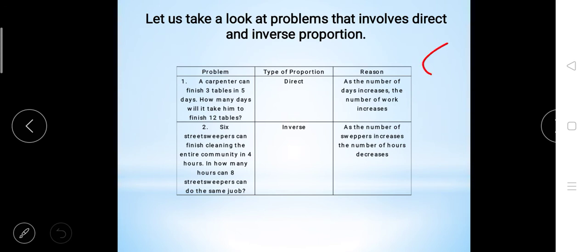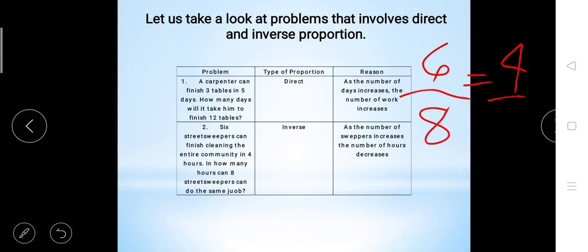We have 6. And then, the less number of hours. Mali. Ito yung pinakang number of street sweepers. So, 4 siya. And then, yung number ng street sweepers ay 8 and then n.